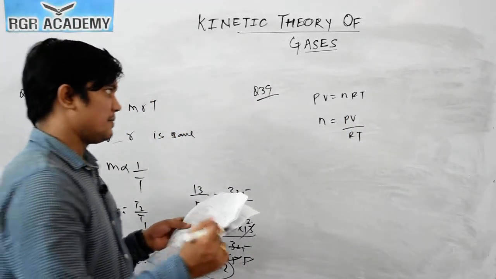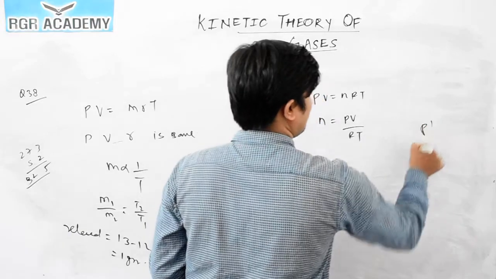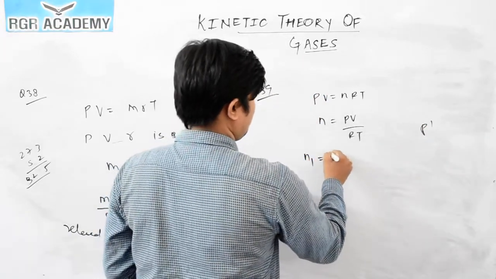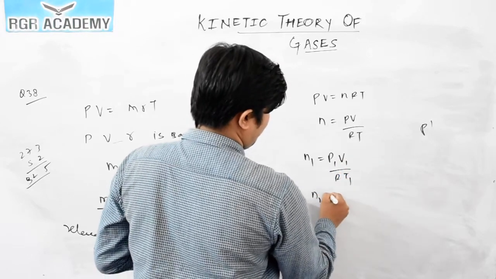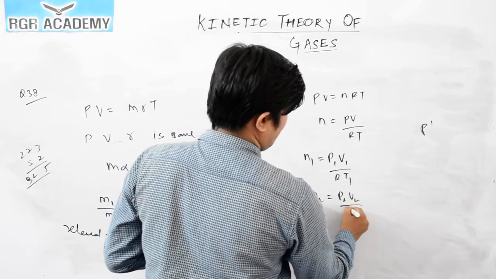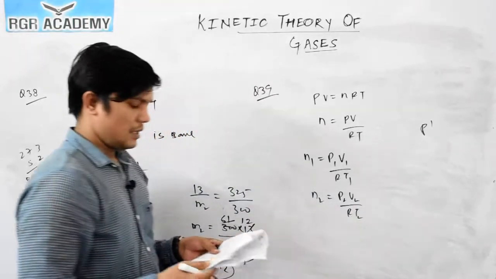So now when it is mixed, final pressure we can consider as P dash, okay. So N1 we can write down as P1 V1 by R T1, N2 will be equals to P2 V2 by R T2. Clear?